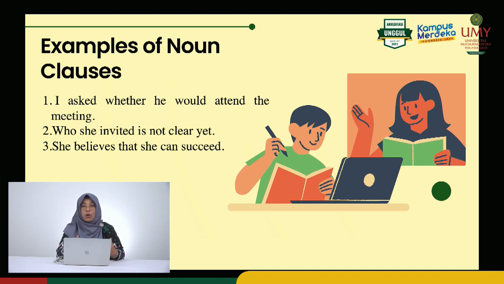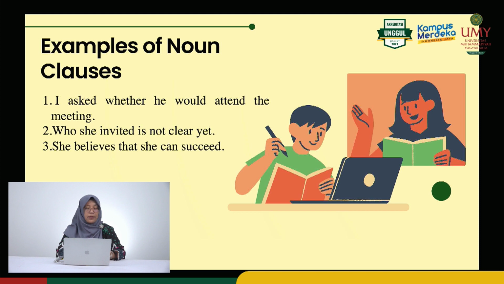But in a more formal occasion or in a writing style, it is supposed to be written as whom she invited instead of who. But actually the use of who or whom here are both correct. So who she invited here functions as the noun clause as a subject. If you see, there is a connector who, there is a subject she, and there is a verb invited.